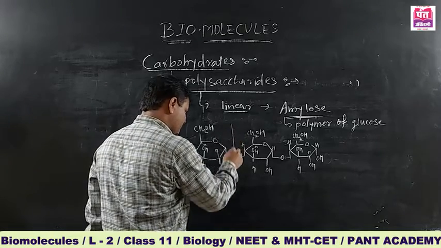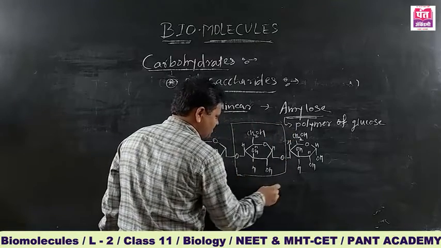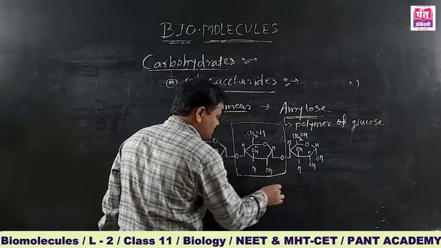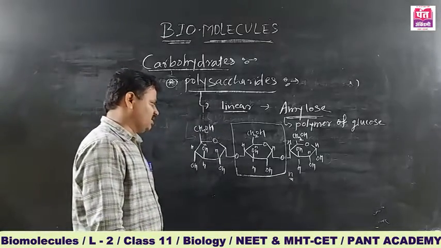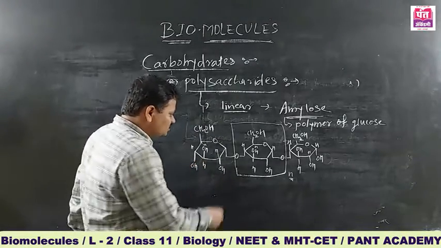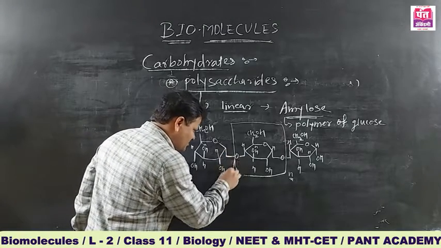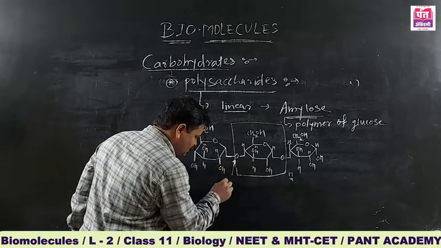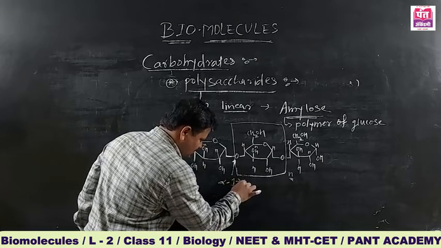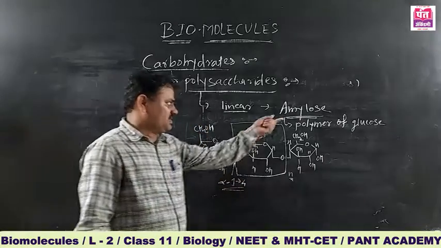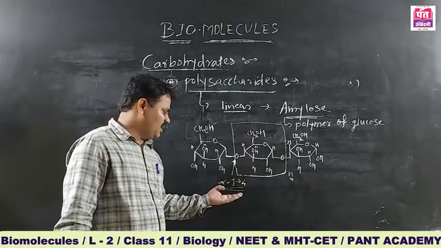This unit is repeated many times. This middle unit can be repeated n times. This can be an n number. So what happens? These two molecules of glucose joined together, and this linkage is the alpha-1,4 linkage, and therefore amylose is formed of the many linear arrangement of glucose molecules.